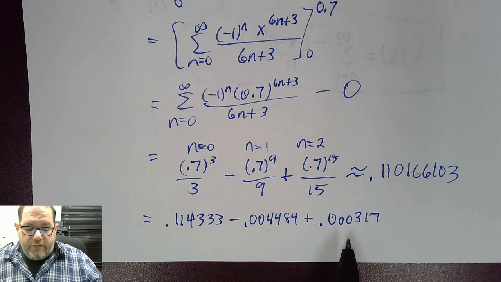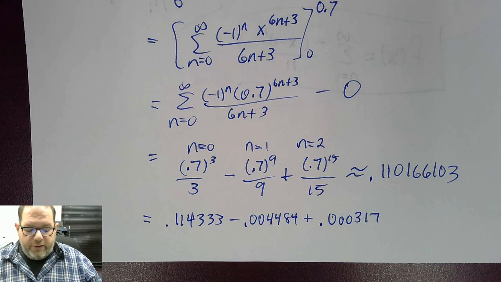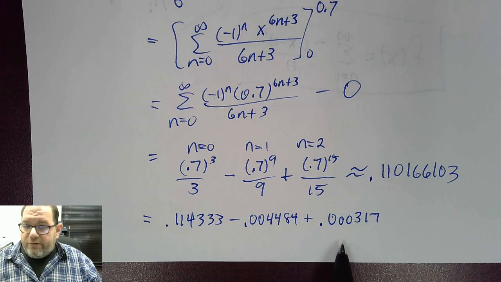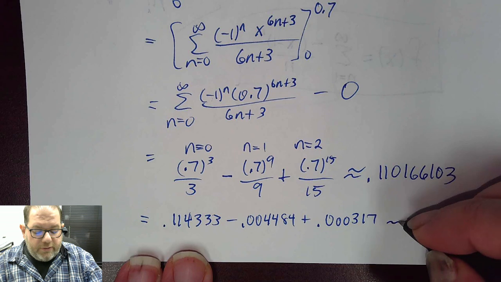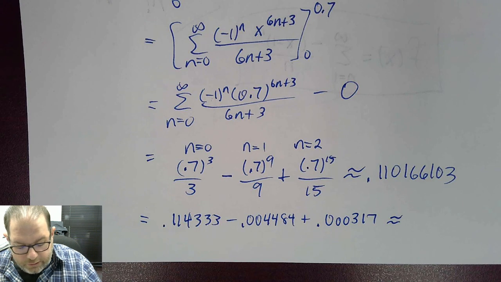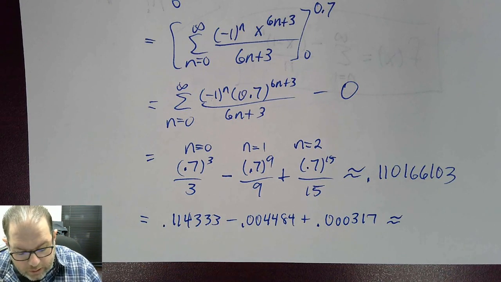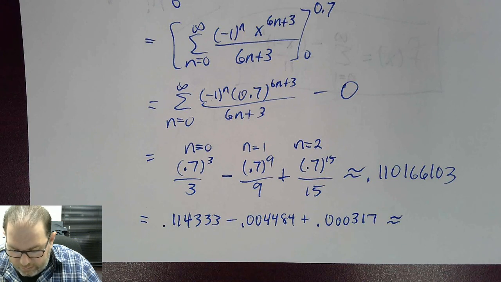So if instead of saying just use the first 3 terms of this resulting series, I could have said keep going until we know we're accurate to at least 3 decimal places. Well, 3 leading zeros means this will be accurate to 3 decimal places. And if we just combine those together, it should be pretty close to what I wrote, but just to be a little bit more specific here.